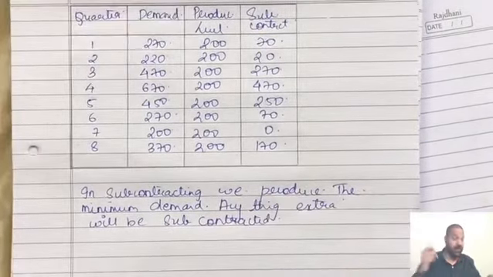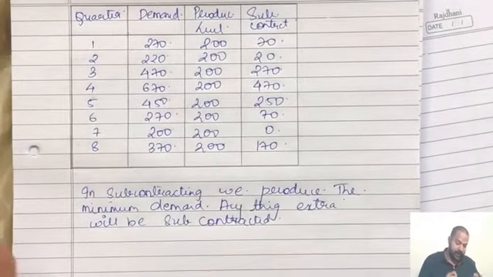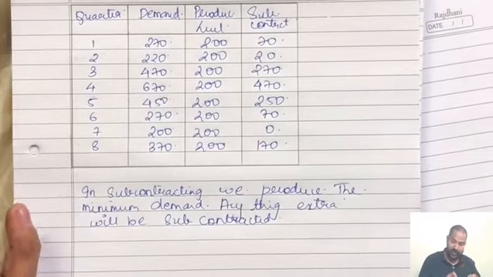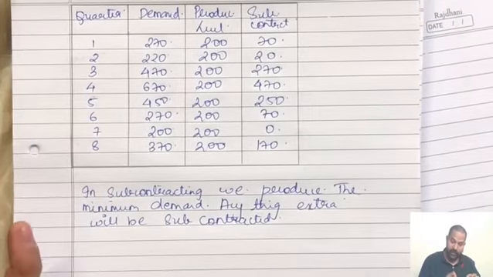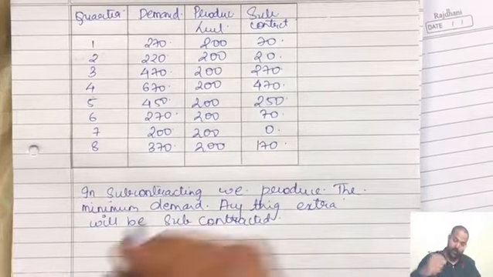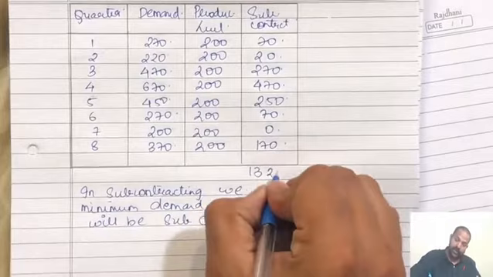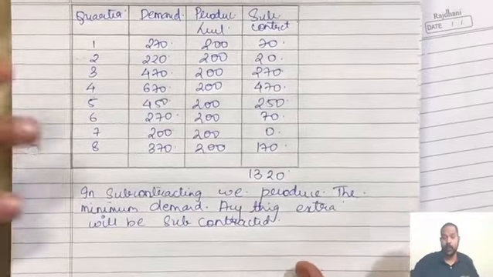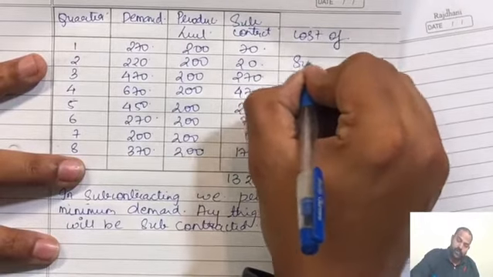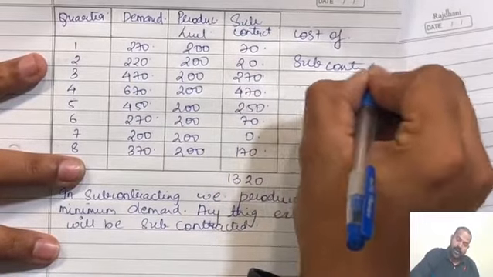What is the total that I have subcontracted? 70 plus 20 plus 270 plus 470 plus 250 plus 70 plus 170 is a total of 1320 units subcontracted. Cost of subcontracting.